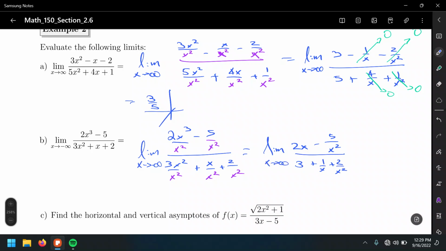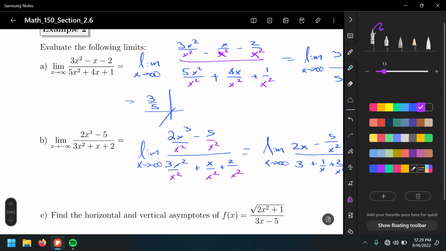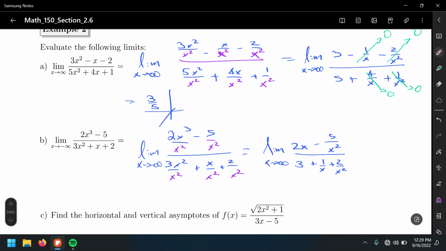Now here is the thing, be careful. Where is this going to go, first of all? 0, right? Because that's a number being divided by a really big number, so we get small. How small? Well, 0. What about this one? 0.